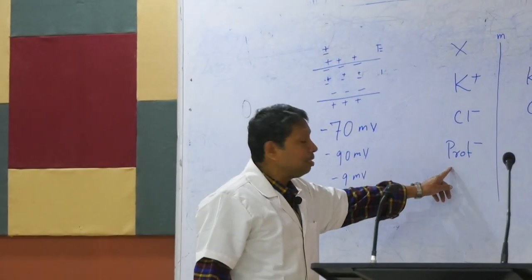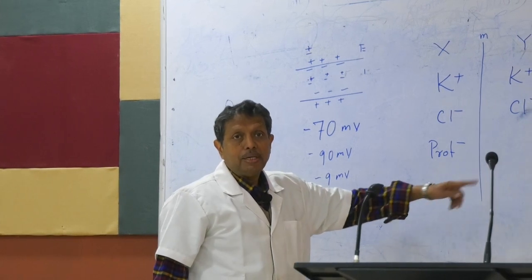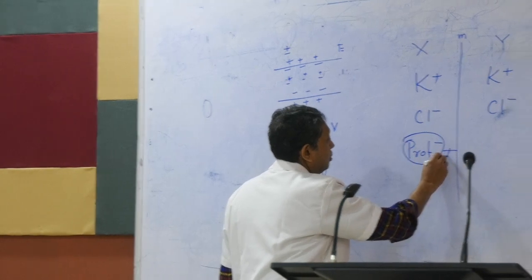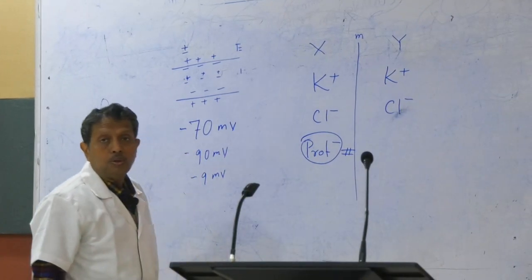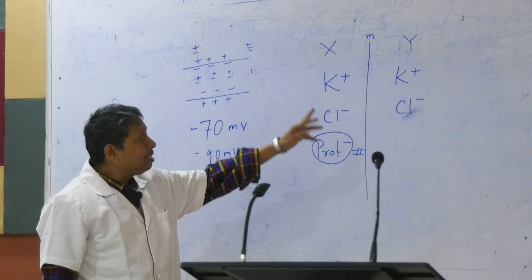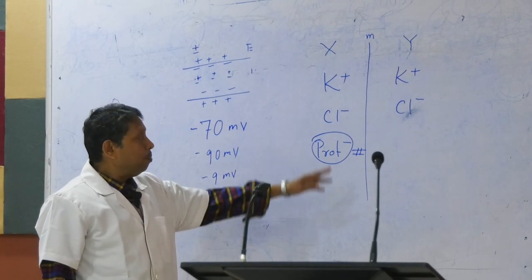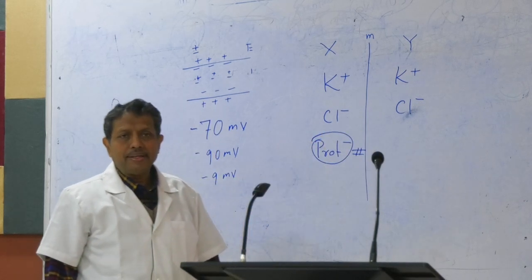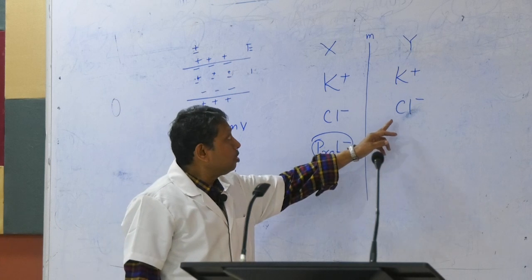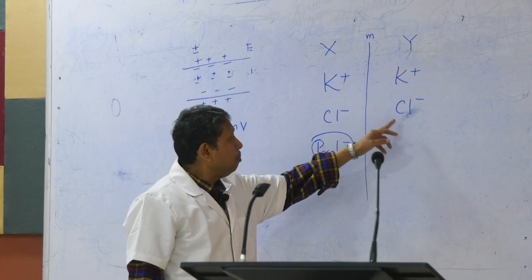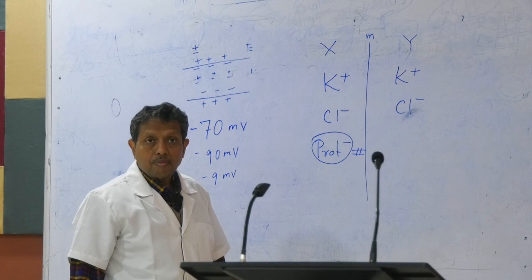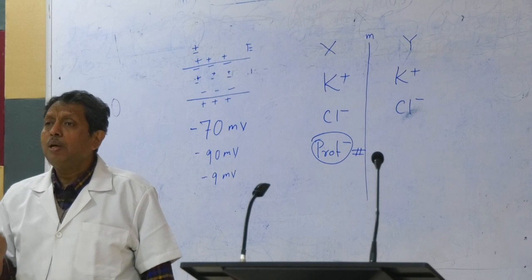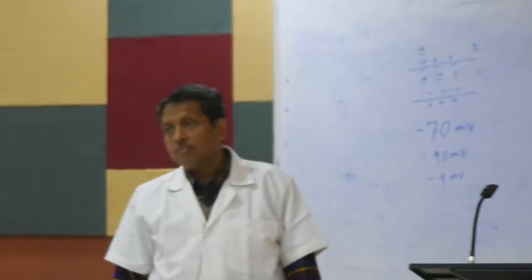But the protein anions, due to their size, cannot penetrate. And for ease of conception, let us assume the charges are equal and all are monovalent. Now the chloride concentration of the Y chamber is more than the other, and due to the concentration difference, there will be some net movement of chloride across this.